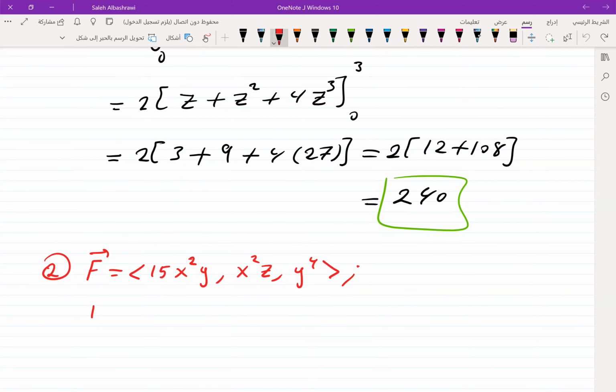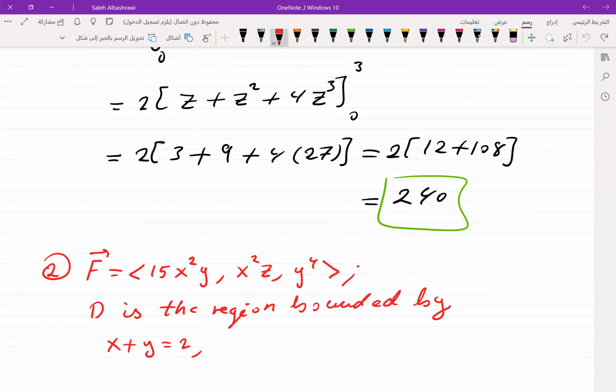And D is the region bounded by x plus y equal to 2, z equal to x plus y, and z equal to 3, x equal to 0, and y equal to 0.